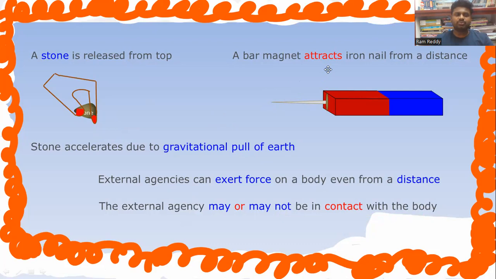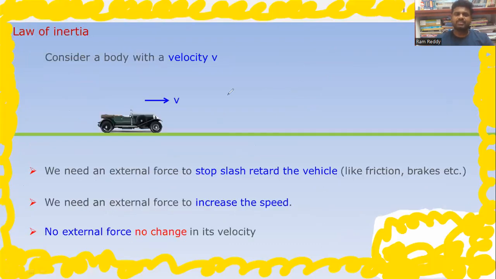Next, with those two examples, what we observe is that there is some property which maintains the body at rest. So what is that property? The inertia. What is inertia?